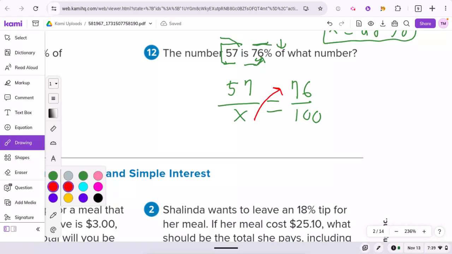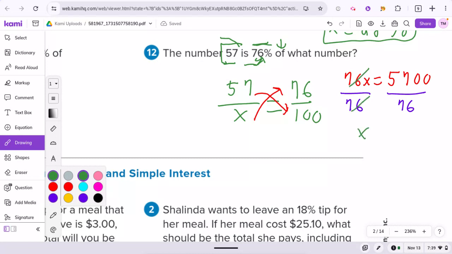So x times 76, 57 times 100, and then you would divide both sides by 76. The left sides cancel. X equals, and this would be 75. This is 5,700 divided by 76.